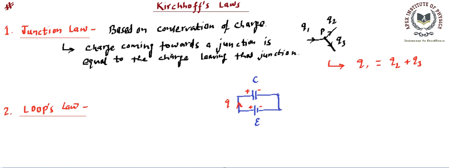Right. So let me write what the statement says. In short, this says: potential drops across a closed loop is always zero. And the language, I'm not writing potential difference. I'm more specific now.